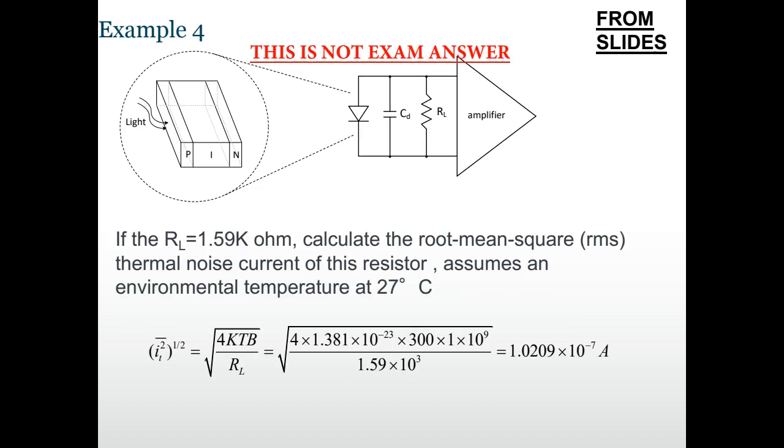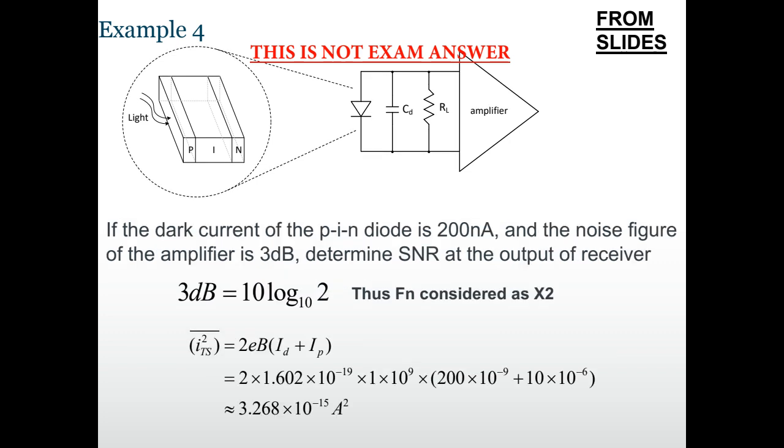If you look at an example from the slides again, which is in the same form as the exam question, first of all, we calculate the thermal noise. We did that already. And then we calculate the shot noise, which has the dark current noise and the quantum noise. We calculate all of this as the shot noise. We know the noise figure is 3 dB. We multiply this with the thermal noise.